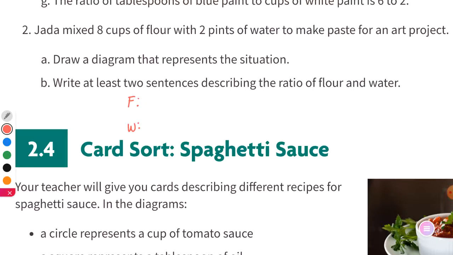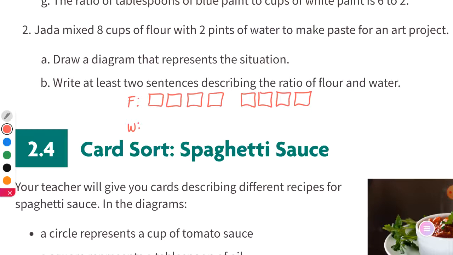Okay, what do we know about flour, Jake? There's 8 cups of flour. Okay, 8 cups. You could use any shape. Okay, I'm going to use squares. And 2 pints of water.